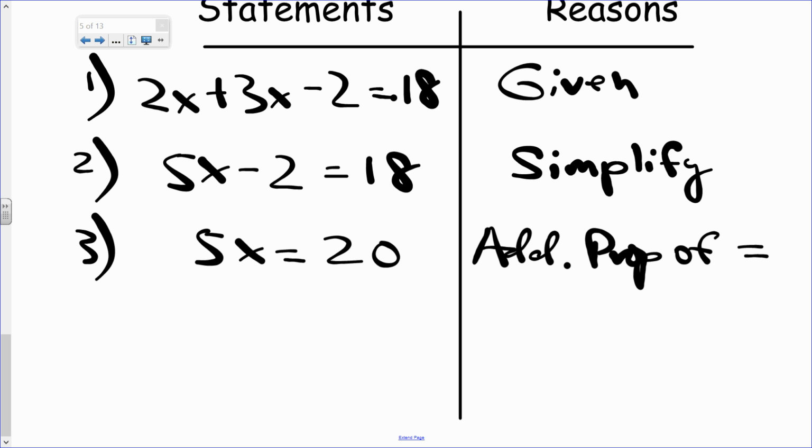Tapia, what do I do to both sides now to get x by itself? Good try. This is already multiplication. What's the opposite of multiplication? Right, I'm going to divide both sides by what? Nice. So what results from that? If I divide both sides by 5, x equals.